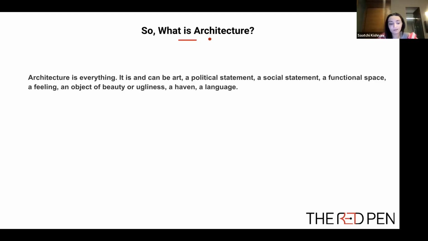As an architect, if any of you eventually end up studying architecture and becoming architects, you will develop your own definition for it, and that's really important for you to know what architecture means to you, because it's so much more than the conventional meaning of it. So I'll just quickly read out what I thought.